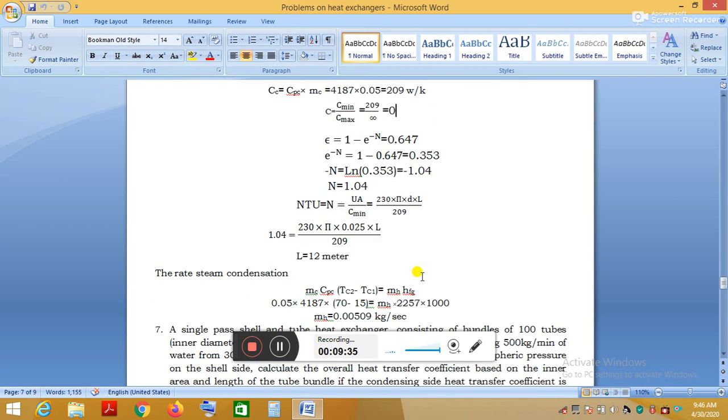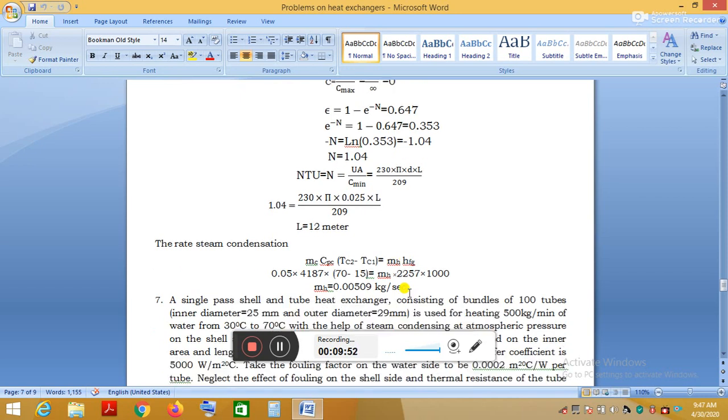Therefore, heat absorbed by the cold fluid is equal to the heat released by the hot fluid. Heat released by the hot fluid can be given by mass of hot fluid into latent heat. Latent heat is given in kilojoules per kg. I substituted here in joules per kg because I substituted the specific heat of cold fluid 4187 in joules per kg.